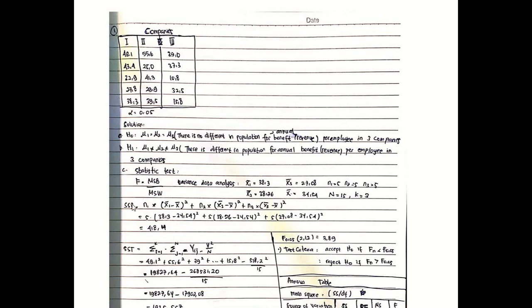The formula is F equals MSB divided by MSW, and then we do the analysis of variance.